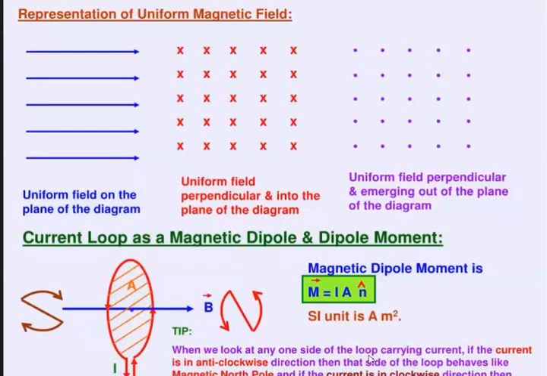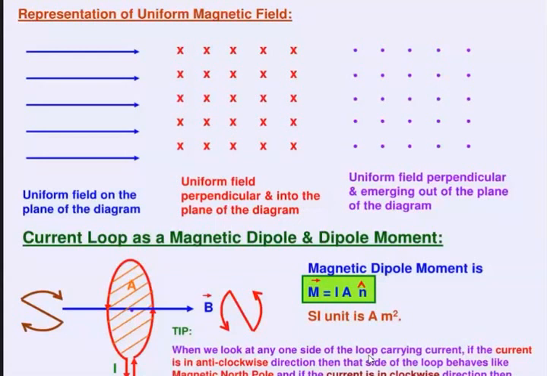If the current is flowing through the loop in anti-clockwise sense, then that face of the loop behaves like a magnetic north pole. And if the current is flowing in clockwise direction through the loop, then that face of the loop behaves like a magnetic south pole.